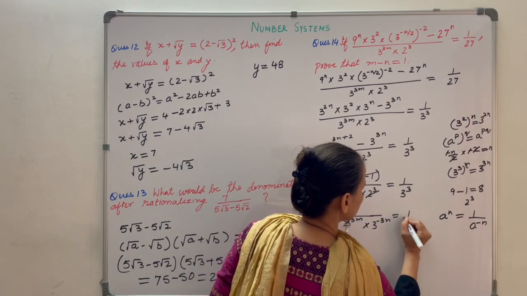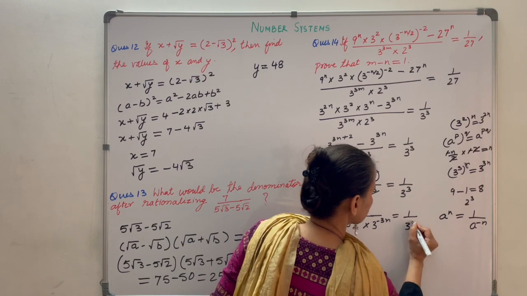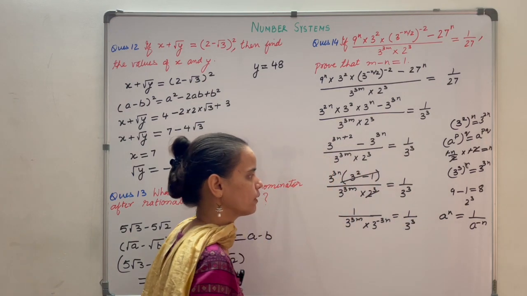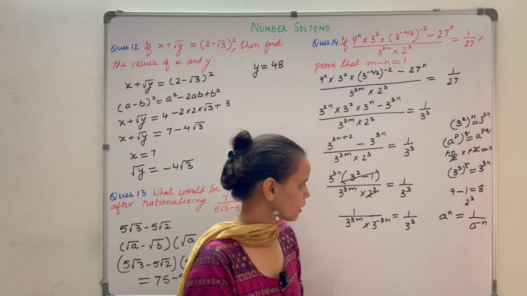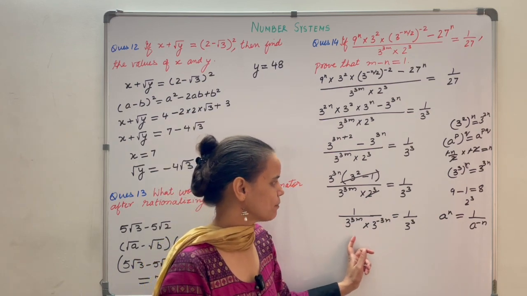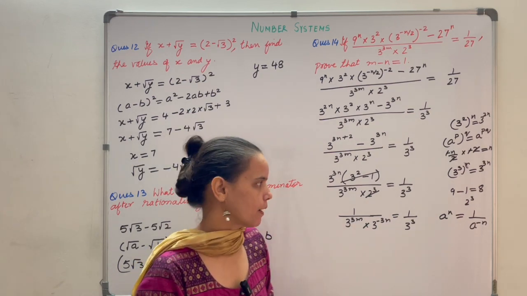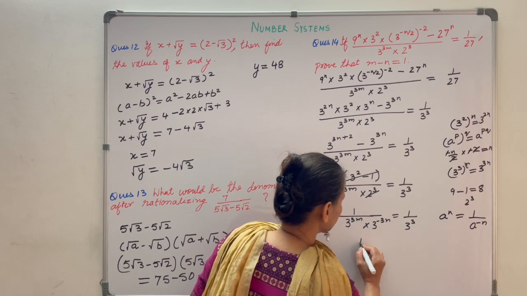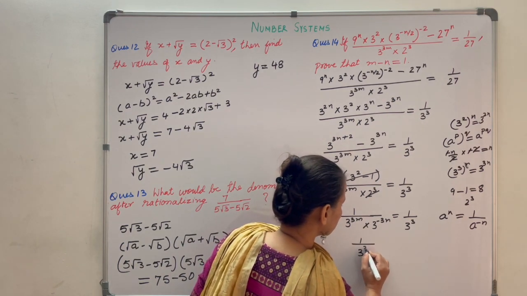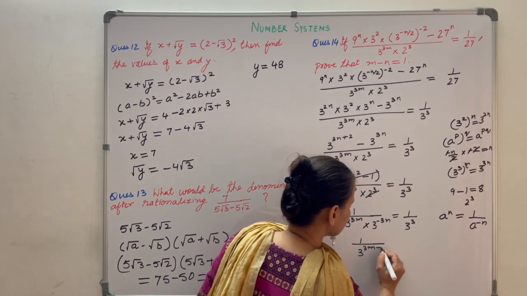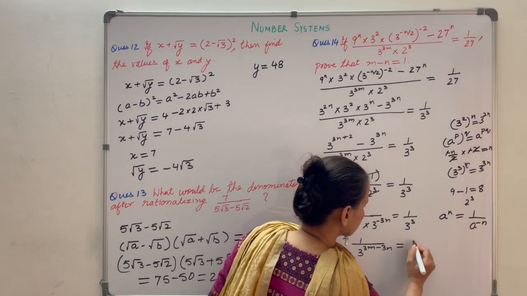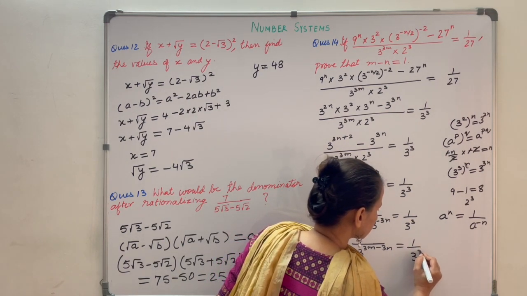This is equal to 1 upon 3 raised to power 3. So here the bases are same, so you can add the powers. So when you add the powers, what will you have? 3 raised to power 3m minus 3n is equal to 1 upon 3 cube.